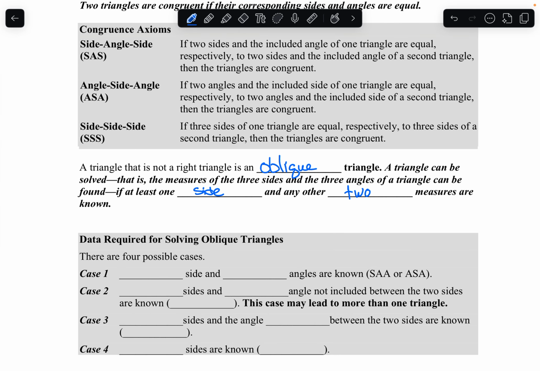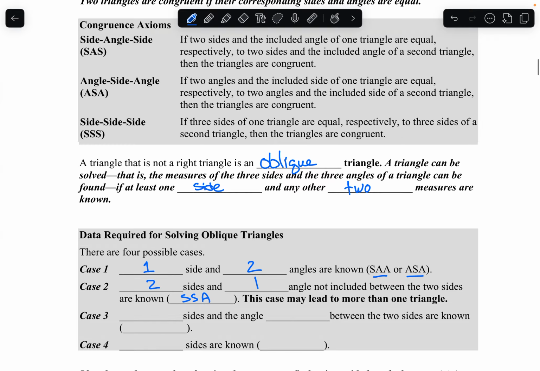So for these oblique triangles, we're going to have one side and two angles known, either angle, angle, side, or angle, side, angle. You're going to have two sides and one angle not included between the two sides known. This may lead to more than one triangle.